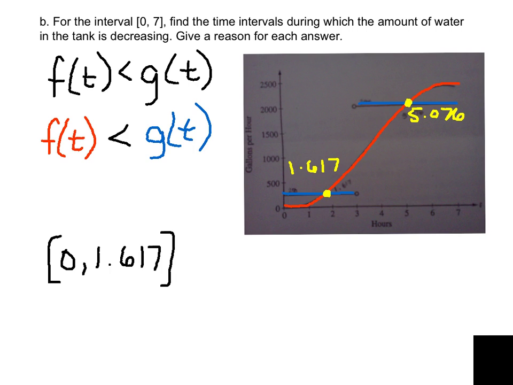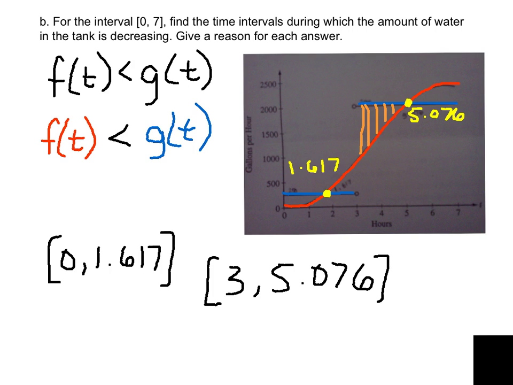The next one would be from 3 to 5.076 because this is also the time where the blue is above the red line. So your next interval would be 3 to 5.076, and those would be your two intervals.